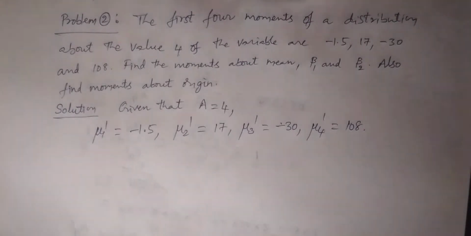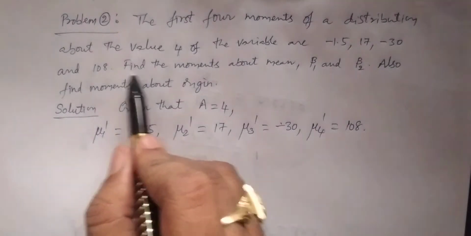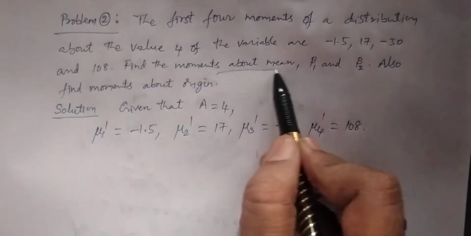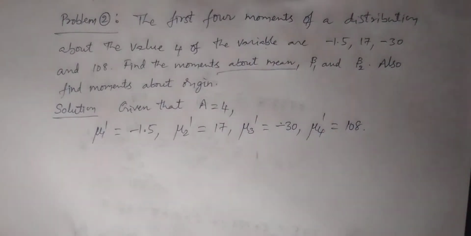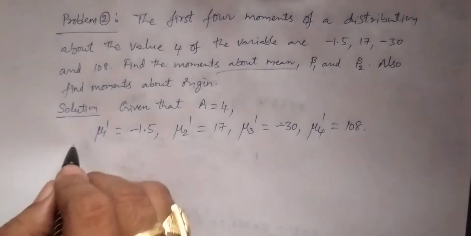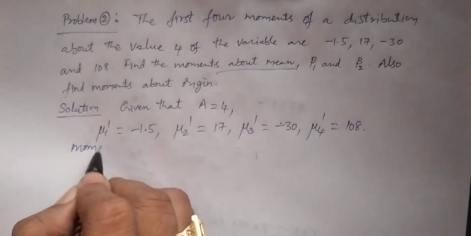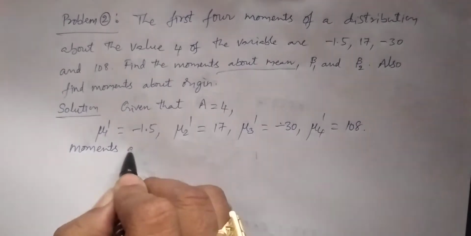So now we have to find the moments about mean, for which I am using the relation between central moments in terms of the non-central moments. Which means directly I am calculating moments about mean.